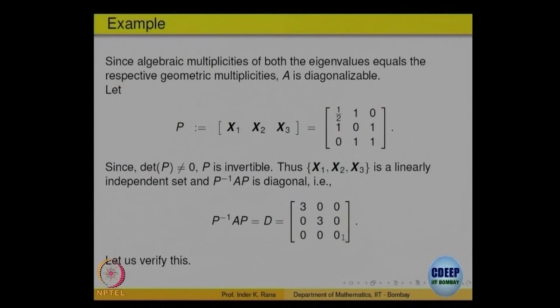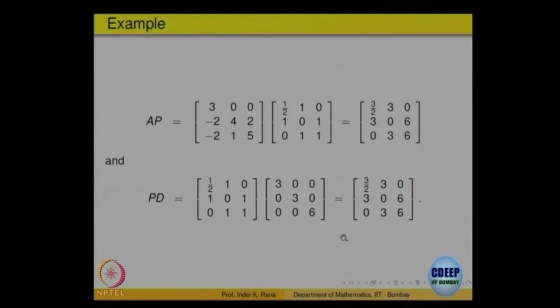You can compute P inverse A P and see that it comes out diagonal, or check that A multiplied by P is the same as P multiplied by the diagonal matrix with 3, 3, 6. Either way, that is the verification that you actually get a diagonal matrix.